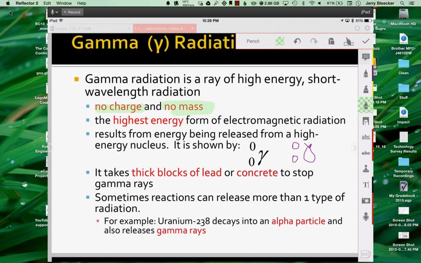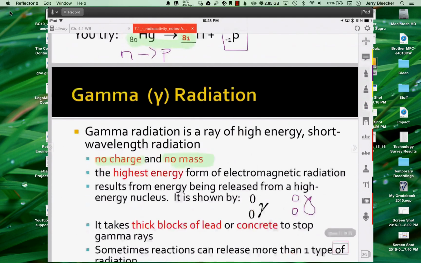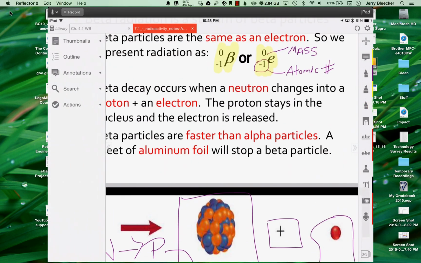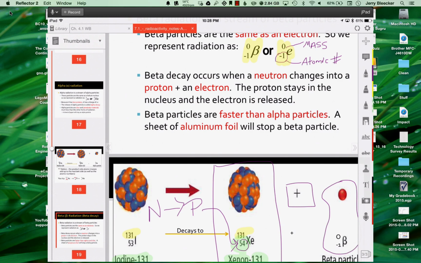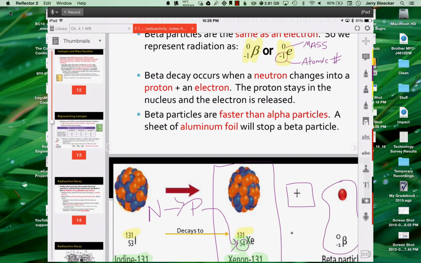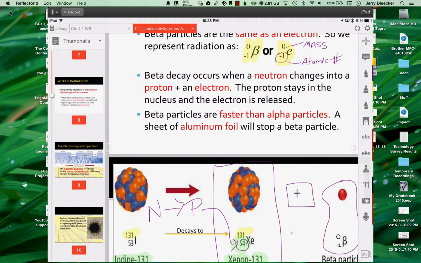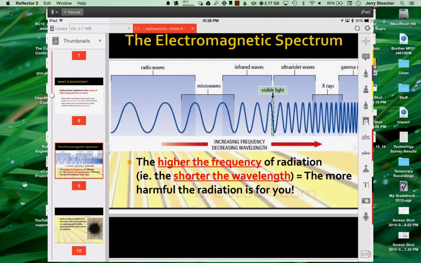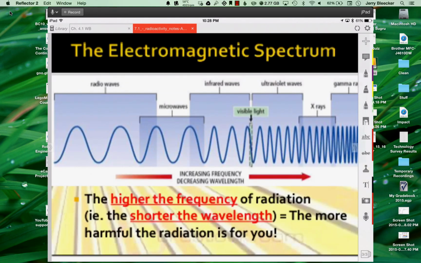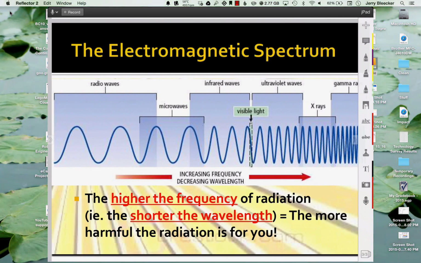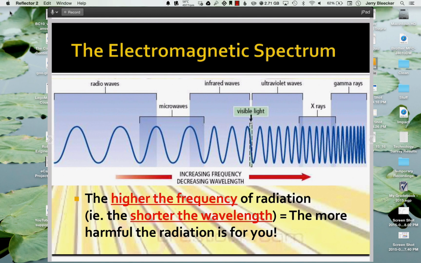When I think of gamma radiation, I sort of think about how strong X-rays are. Gamma rays are much stronger than even X-rays. There's a table. Let's see if I can go back here. There it is. So when you look at X-rays and gamma rays, they're very high intense radiation.